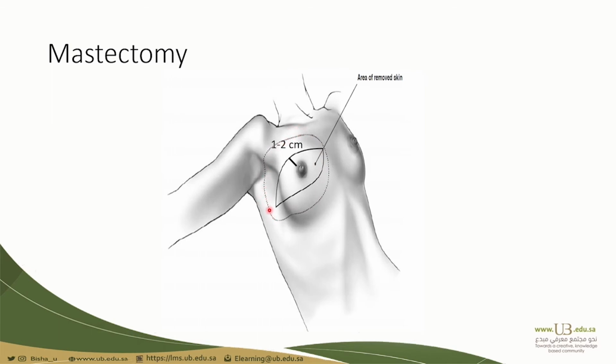In the lateral part, you will go to the latissimus dorsi, inferiorly to the rectus sheath, medially to the sternum, and you will take all of the breast from the pectoralis major, including the pectoralis major covering fascia, which is the deep pectoral fascia, to ensure that you didn't leave any breast tissue behind your mastectomy.